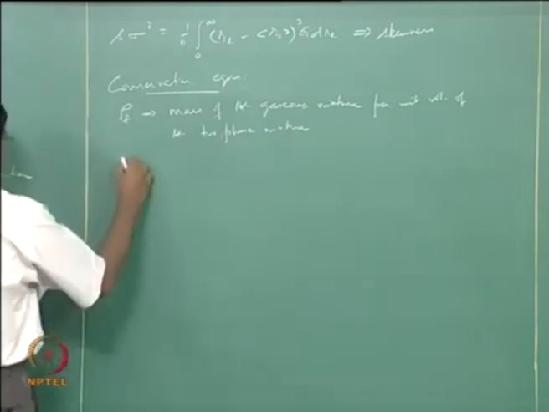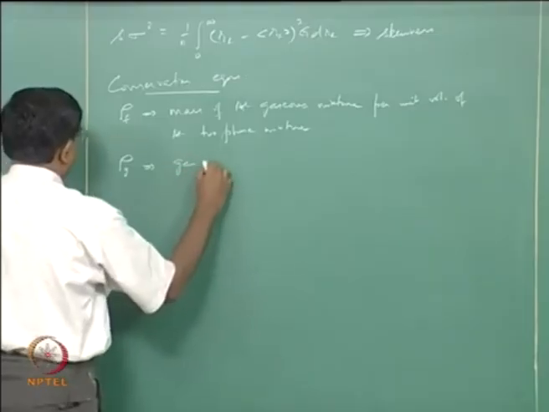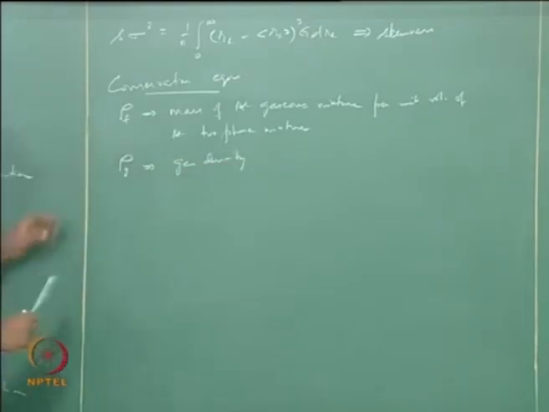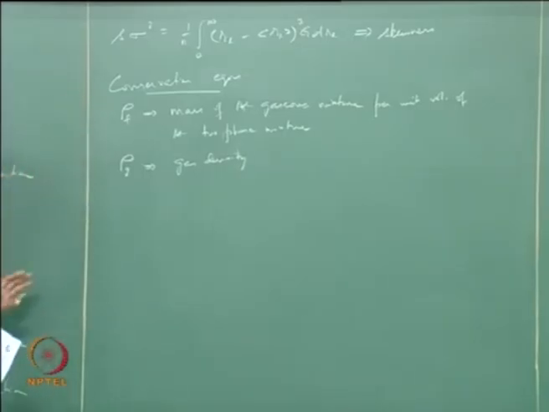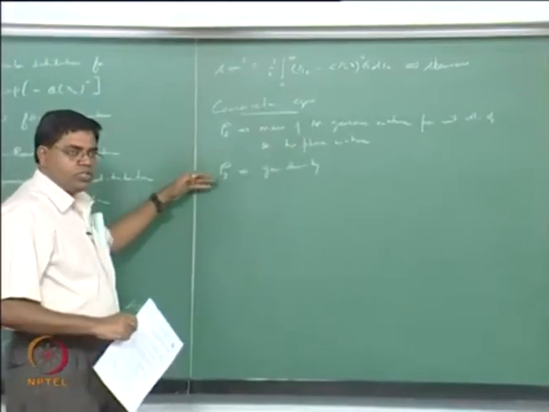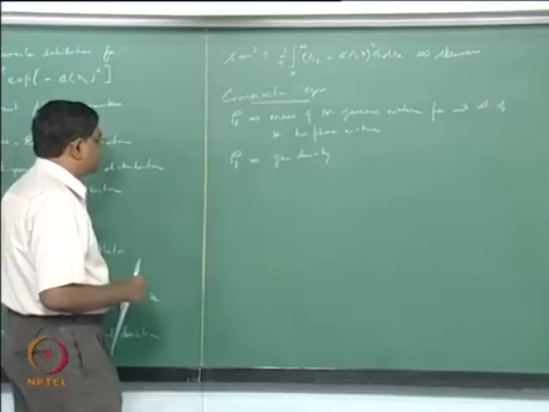The rho g is actually the gas density. So rho f takes into account the two-phase part of it, but rho g is without taking into account the two-phase part, right.